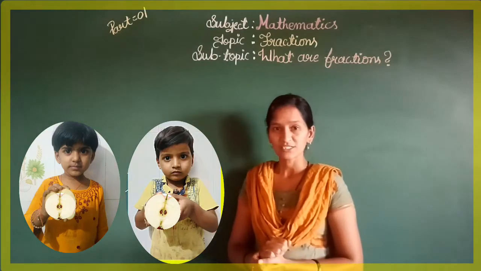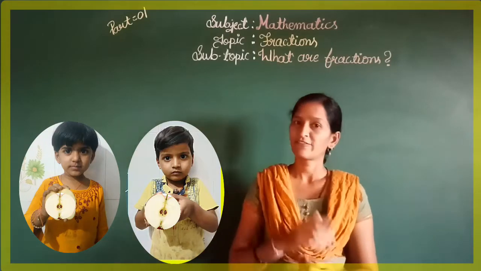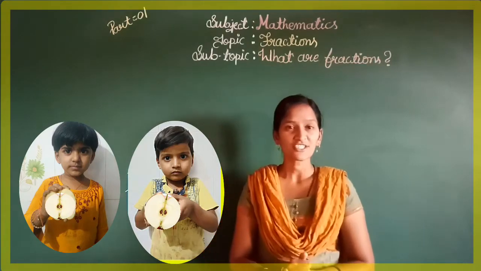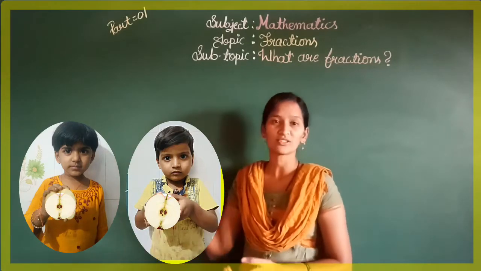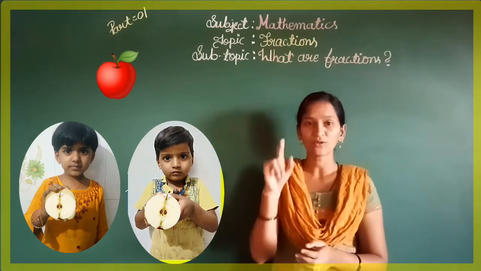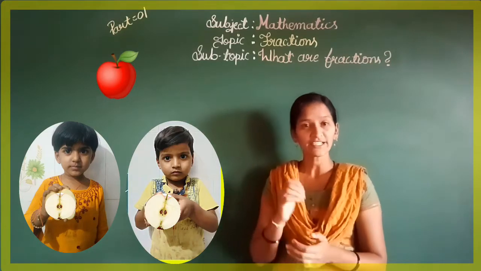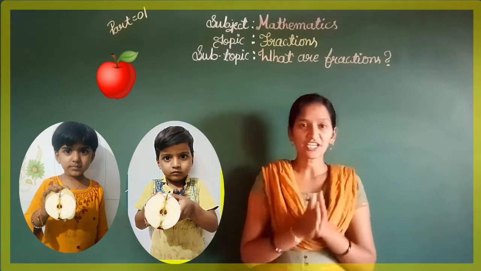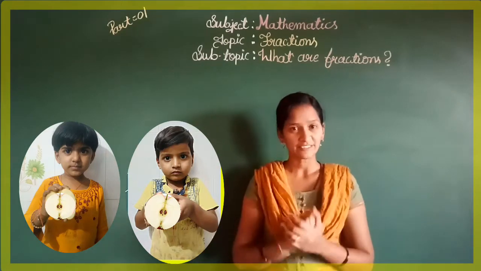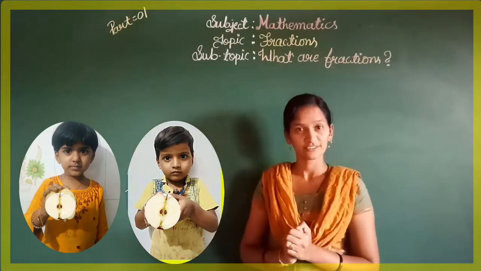Okay. So my dear students, these equal parts are called fractions. Yes, what are fractions? Fractions are the parts of a whole. In this picture, this apple is there, no? This is one complete whole, means it's a complete fruit. Okay. What did I do? I shared the whole apple between 2 children equally. Both the children get half of the fruit, right?